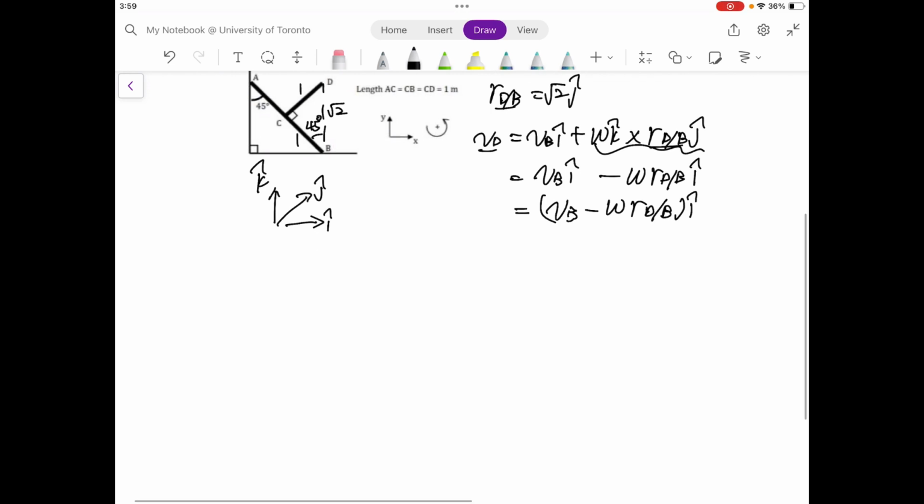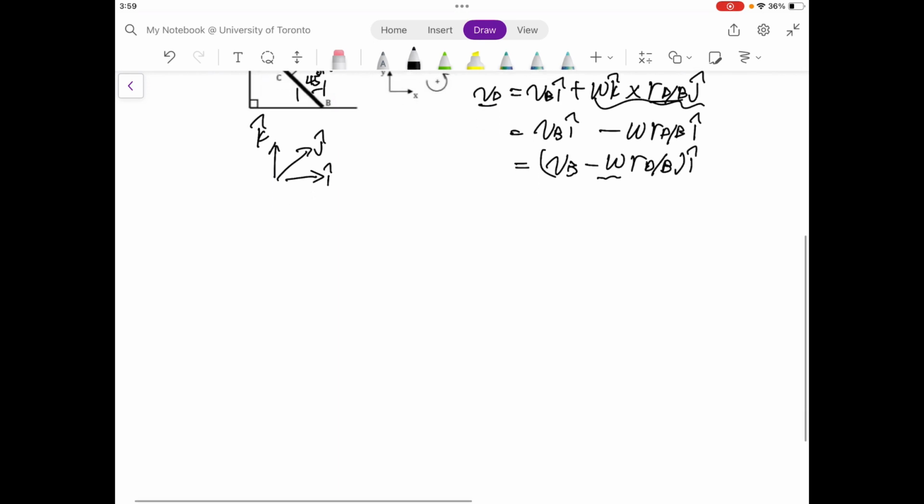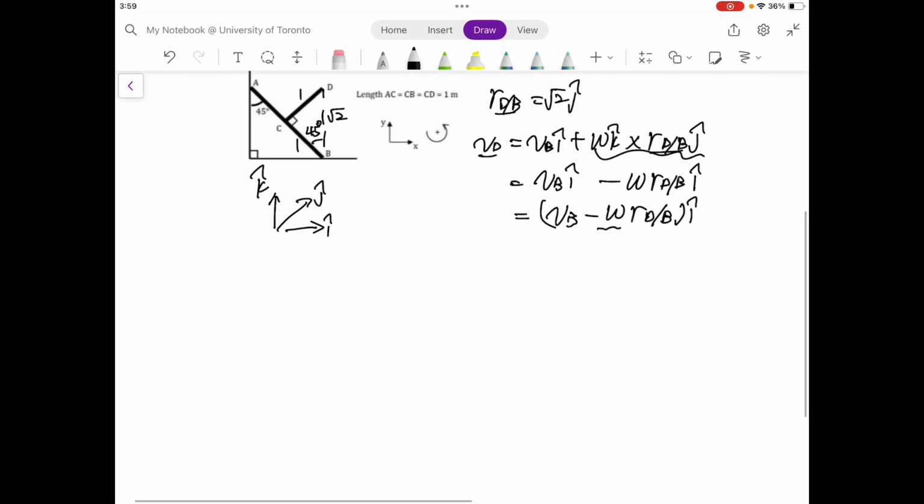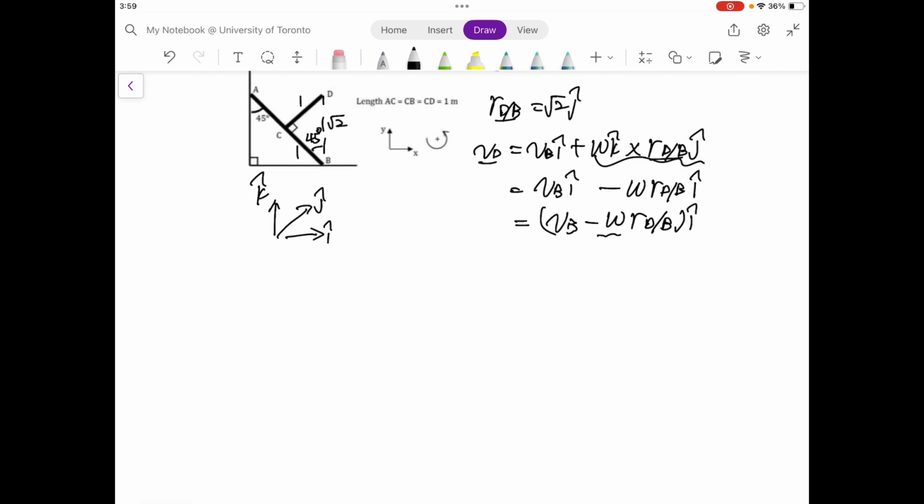To get the velocity of point D, we need to get the angular velocity first. We can calculate the velocity of A to solve this problem. So VA is equal to VB plus omega cross RAB or BA.